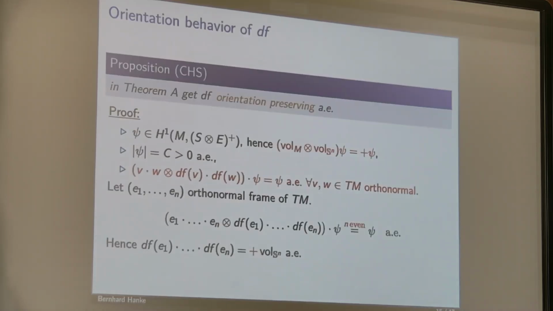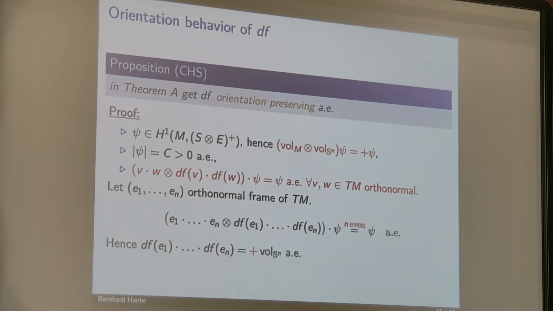Okay, but one thing remains to be done. I have to make sure that the condition is fulfilled, that the differential of f is orientation preserving almost everywhere. And this is something that has not been discussed by Llarull or anybody before, so we have to deal with this property. And amazingly, the spinor geometry, in addition, gives us this information.